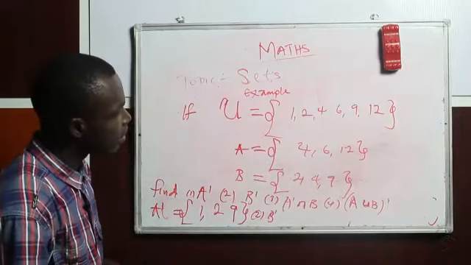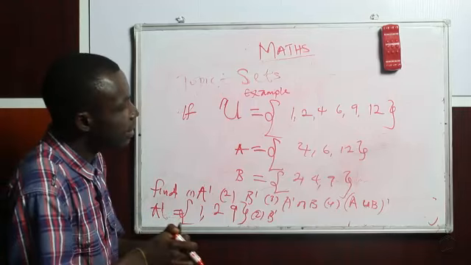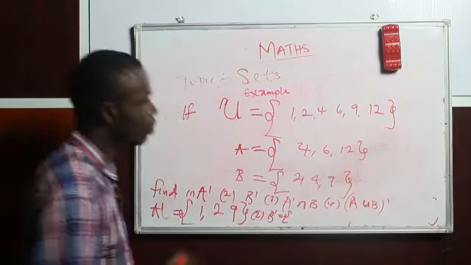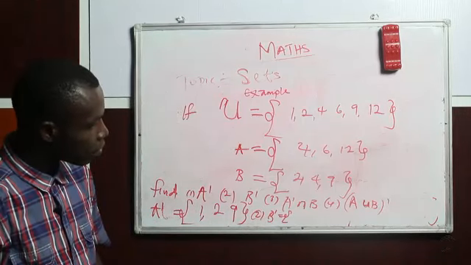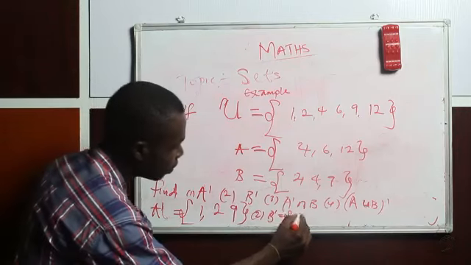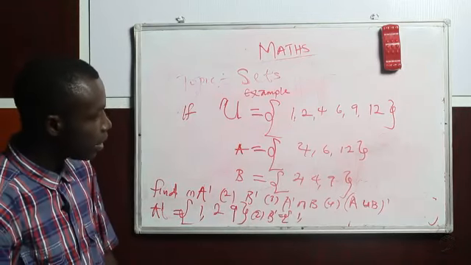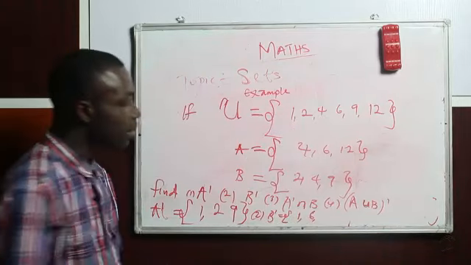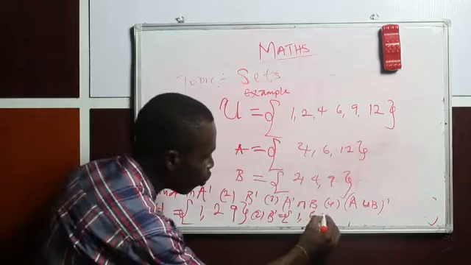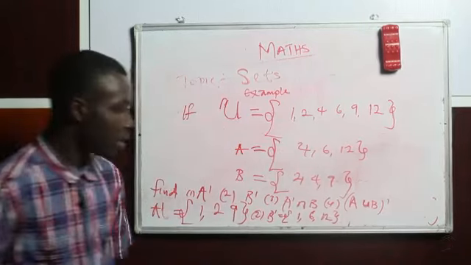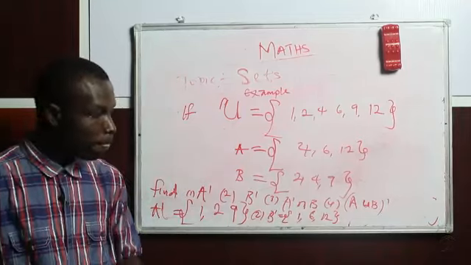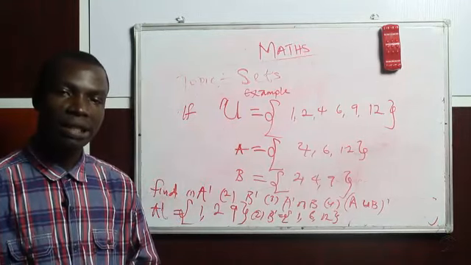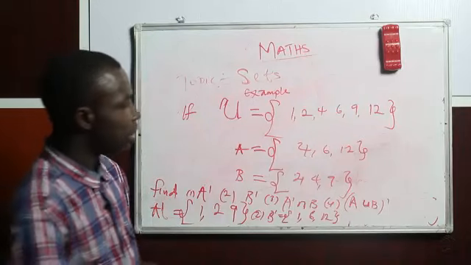Where are the elements that are not in B, but they are in the universal set? 1 is not in B. Let's check. 6 is not in B. Also, we have 12, which is not in B. Therefore, the B complement is 1, 6, and 12. Let us proceed.